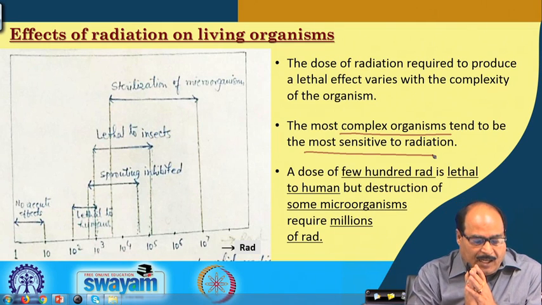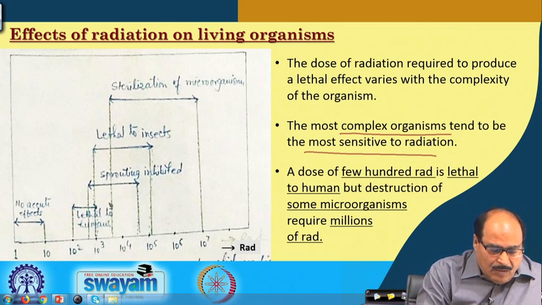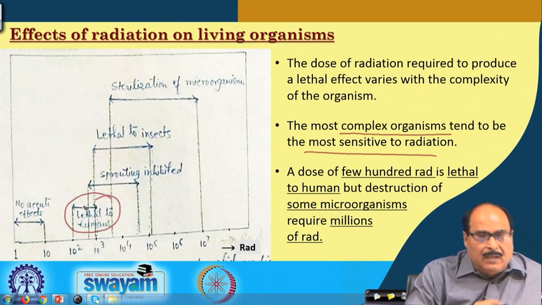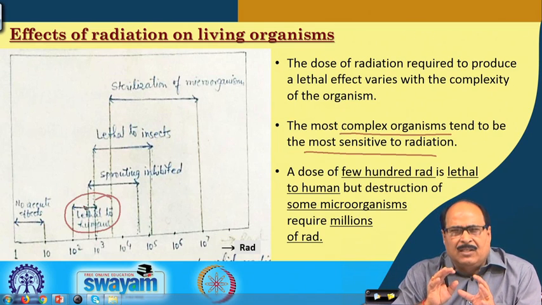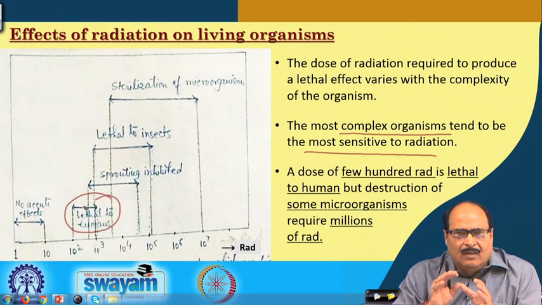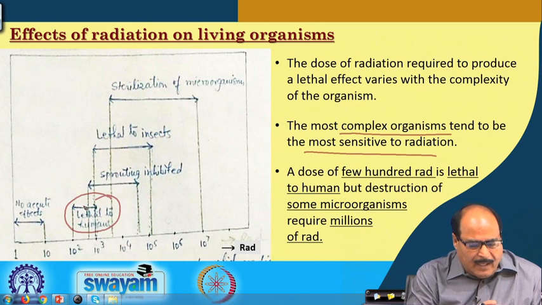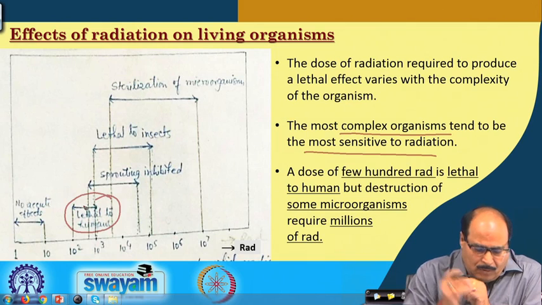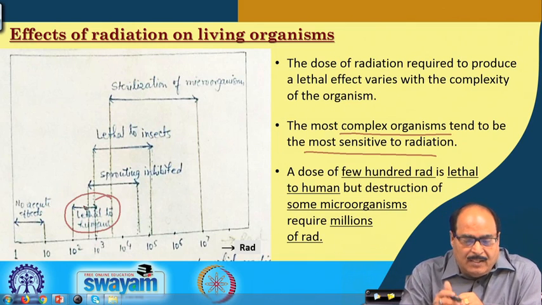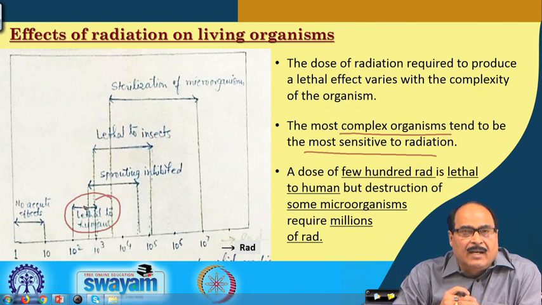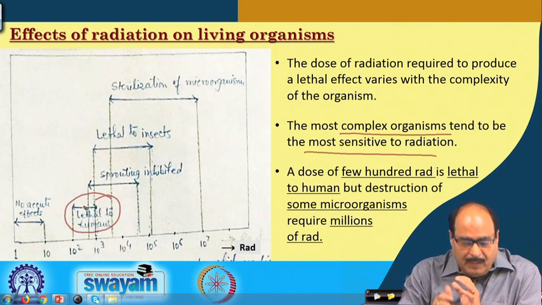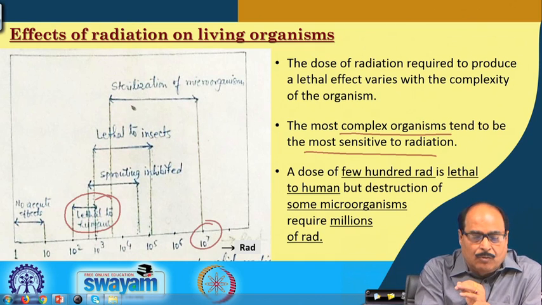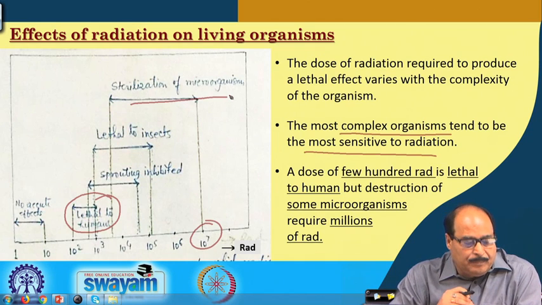The most complex organisms tend to be most sensitive to radiation, which you can see in this line diagram. While human beings, which are considered to be the most complex biological systems, can be killed by exposure to only a few hundreds of rads, sterilization of single-cell microorganisms requires millions of rads, that is, 10 to the power 7.